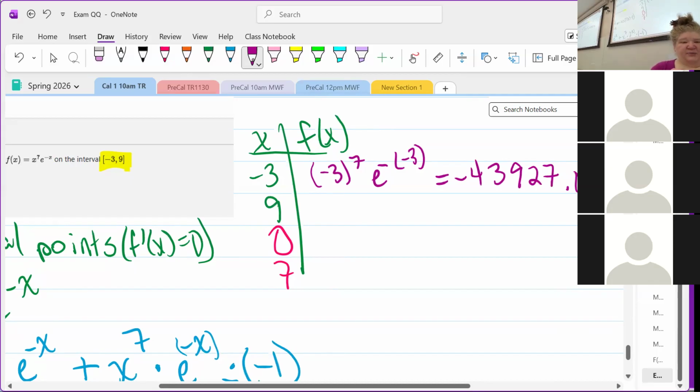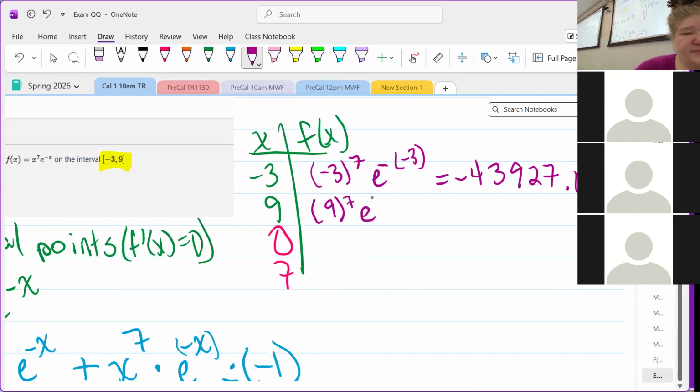Now the numbers are not going to be this ridiculous on the exam. For this one, we got positive 590.26.